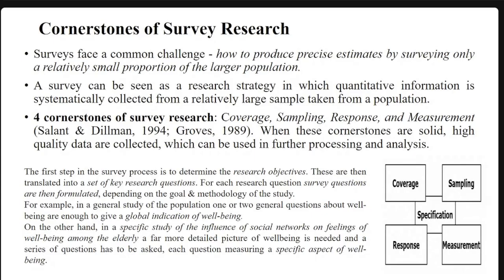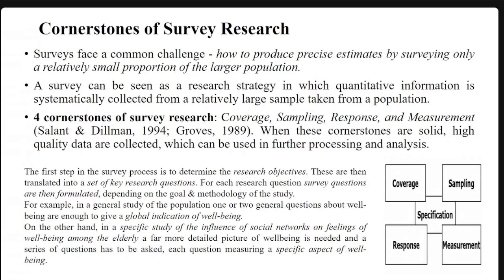If the survey is full of these kinds of errors, or they are in large proportion, obviously that will contaminate the survey findings. So these are basically the measurement errors.